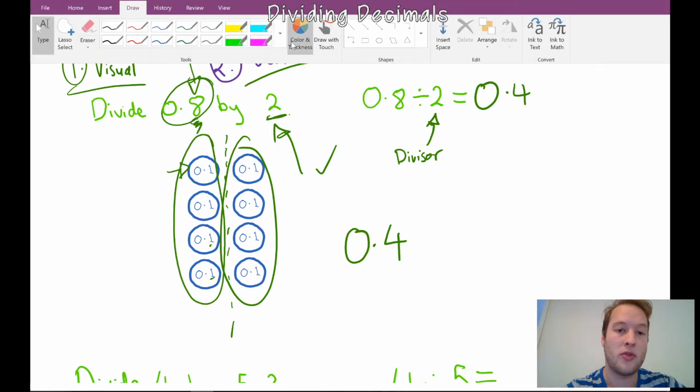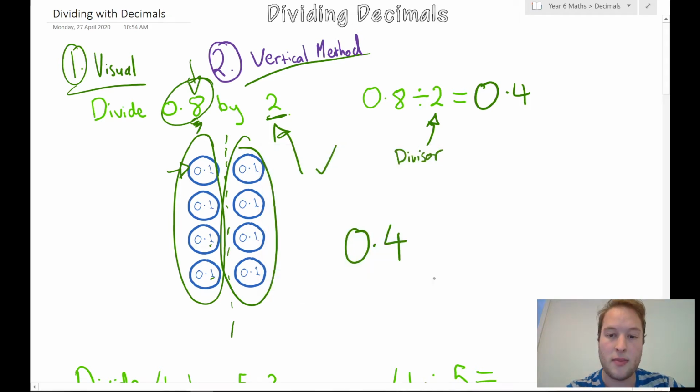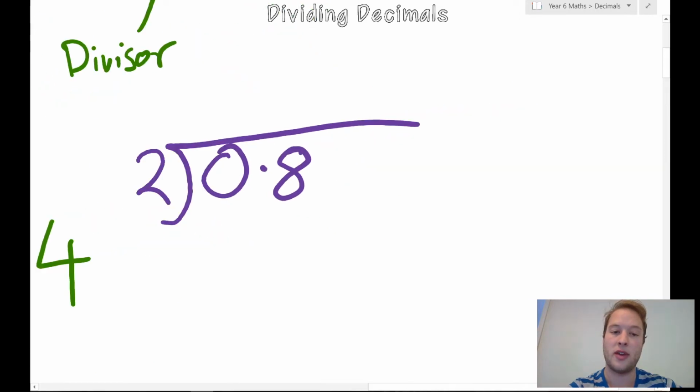The way I would normally do it, especially if I was given that question in my book, is I would write it like this. The divisor we put out the front, so I've got 2 divided into 0.8. I'm just going to zoom it in for you so it's easy to see.